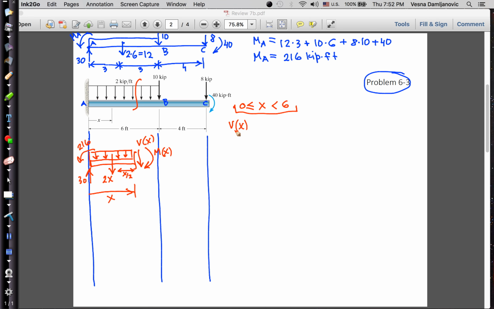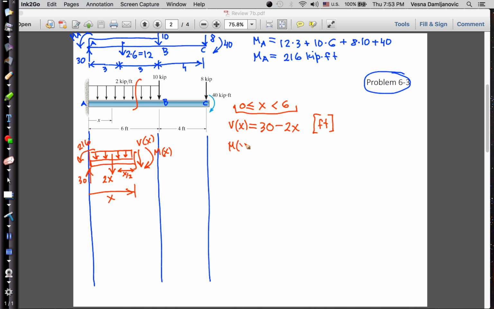V of x, that's the shear force in the cross section, the internal shear force where we made the cut, is equal to 30, it's pointing up, right? Minus 2 times x. And is there any other force? No. So that's our force, and that's in kips. Okay, this is how we write units in square brackets.